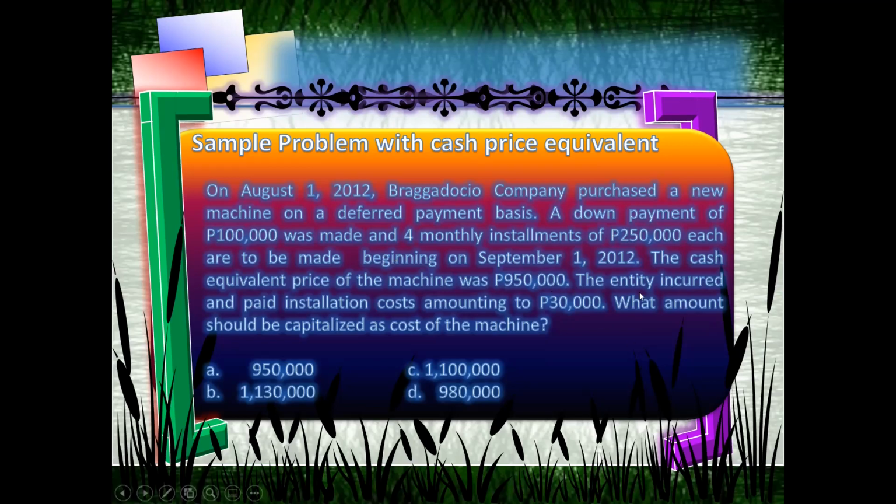Take note that in this problem, there are also directly attributable costs incurred. And do not forget to include the directly attributable costs, kasi these are capitalizable cost. So again, yung question niya, magkano na yung amount na dapat i-capitalize as cost of the machine? So in this case, that will be our 950,000 cash price equivalent plus the installation cost of 30,000. So that's a total of 980,000. So yung letter D ang ating answer dyan.